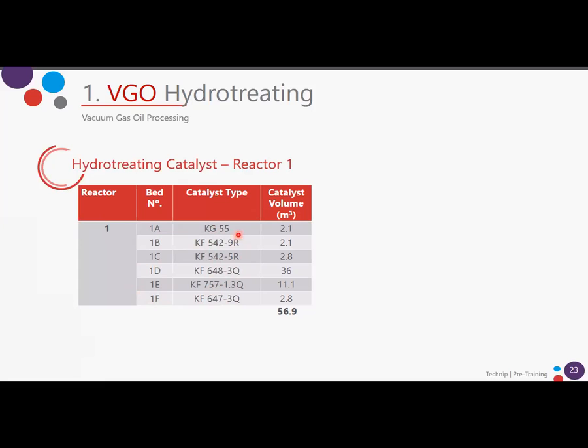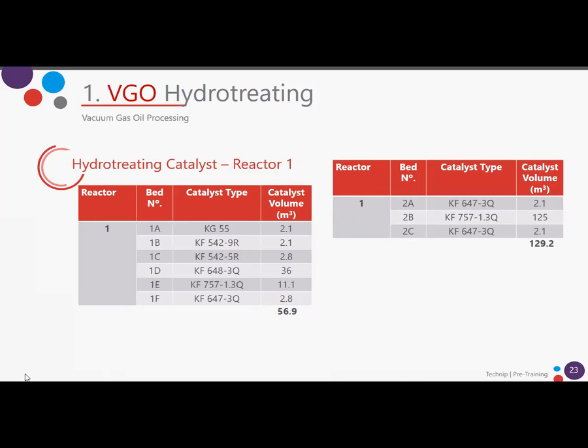So these specific catalysts are to protect the main catalyst, and also they have other properties to remove metals and to have a better pressure drop and avoid fouling in the catalyst. So you can see that it's not that simple, because you have a lot of catalysts in one bed. In this first bed of the first reactor, you have this total volume, okay?